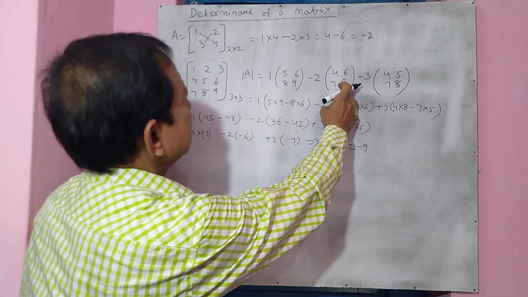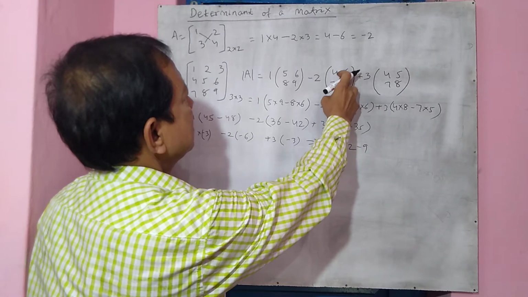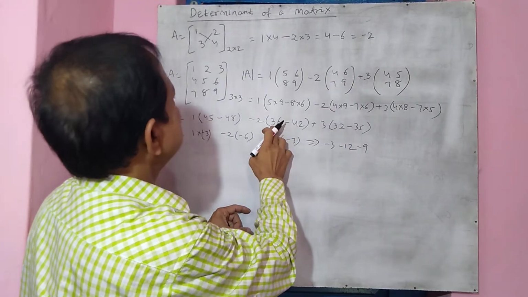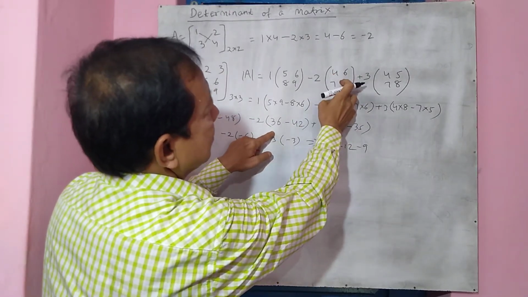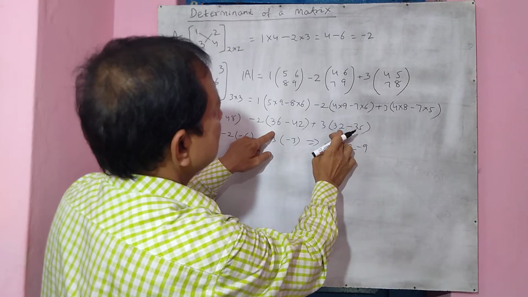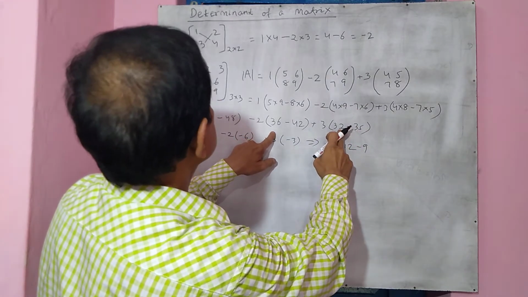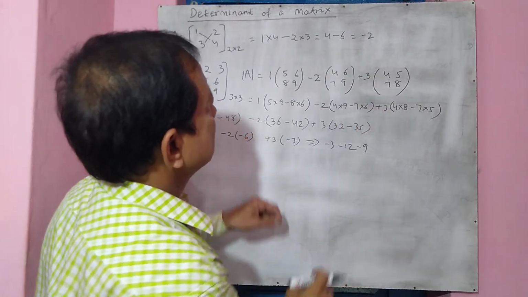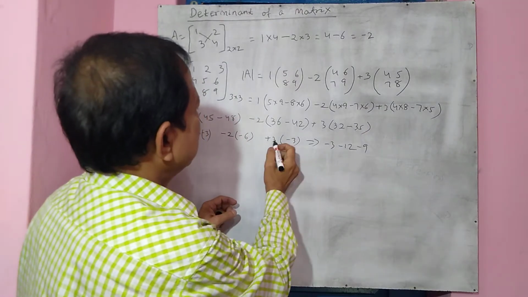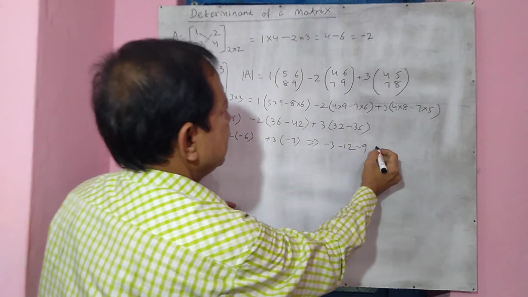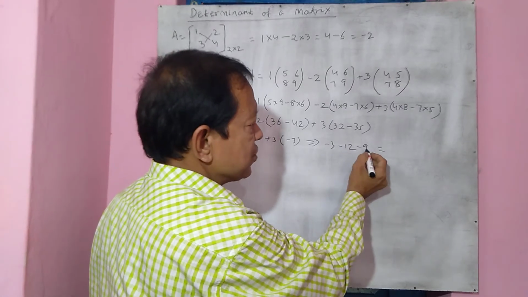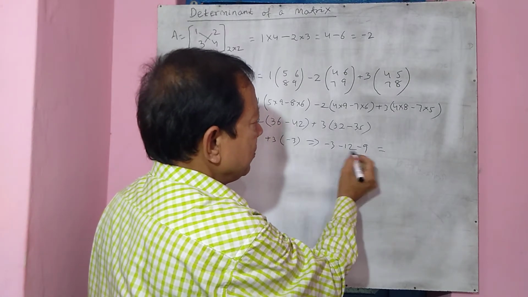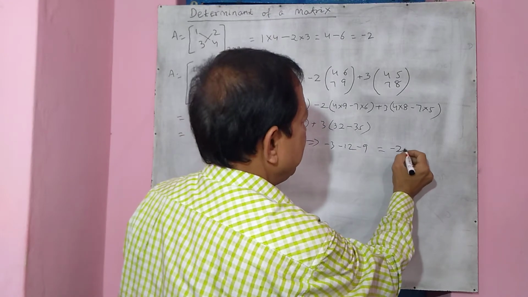Then this becomes minus 3 plus 12 minus 9, that comes to minus 24.